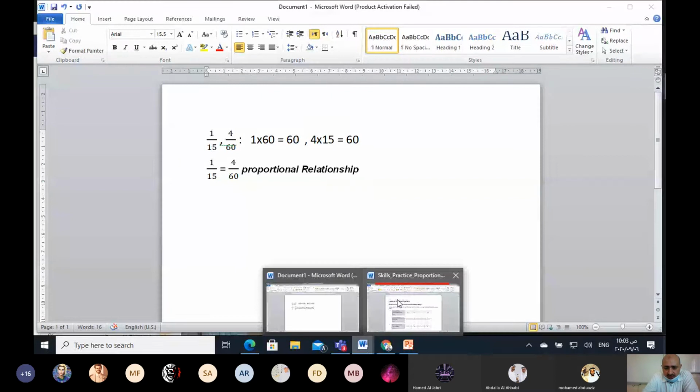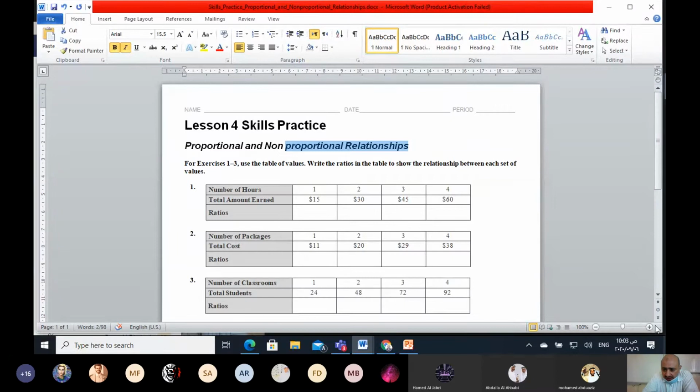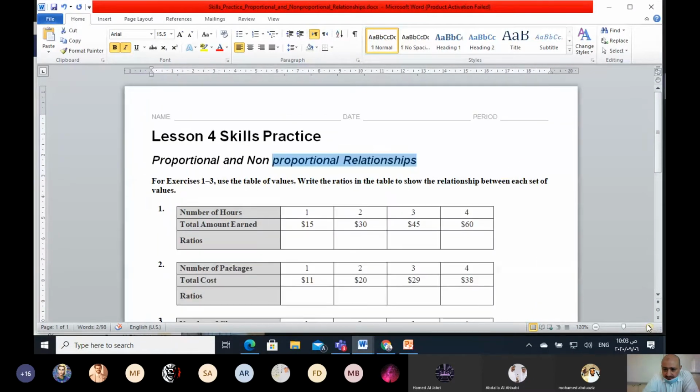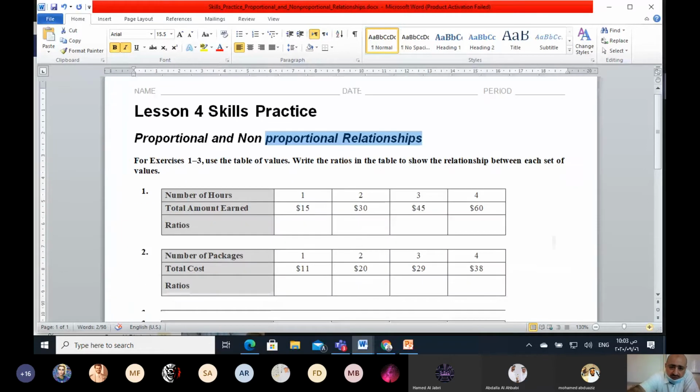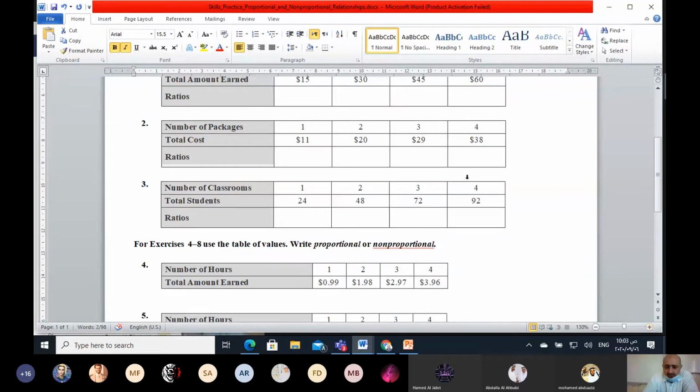prepare your notebook or any paper and work with me, please. Now we have this table, the second table. I want all of you to tell me, is it a proportional or non-proportional relationship and why?